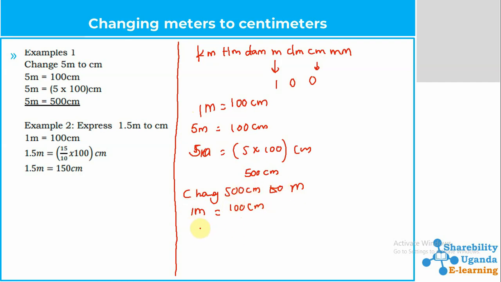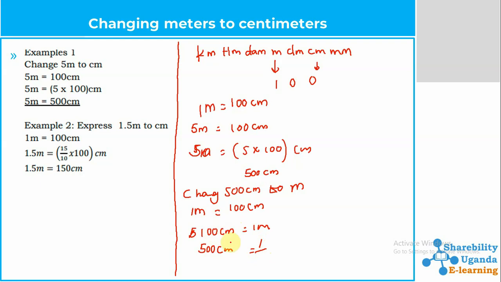So that simply means we can say that 100 centimeters is equal to 1 meter, which is the same as this. Then 500 centimeters should be equal to 1 meter out of 100.